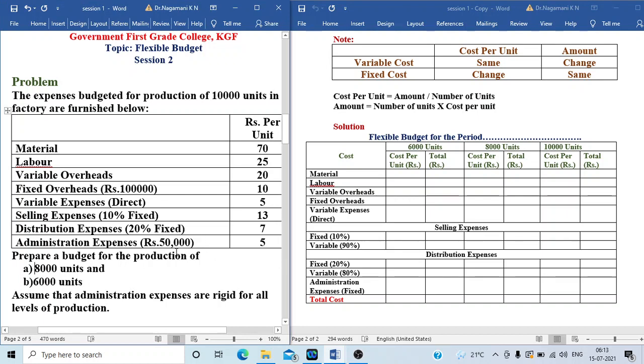Means this administration expenses we should treat as fixed cost. Now the base is given for 10,000 units and we have to prepare a flexible budget for 8,000 as well as for 6,000 units.